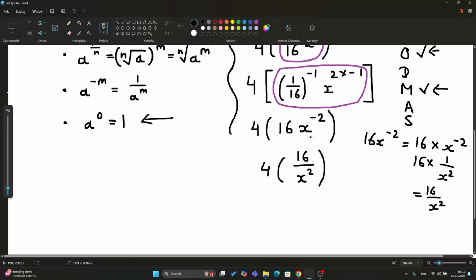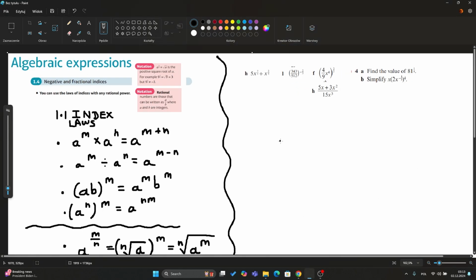And that's how I went from here to here. Now we just multiply by 4, so 16 times 4 is 40 plus 24, which is 64, and then we have 64 over x squared. Now we're going to do some exercise questions so that you can do the whole exercise yourself.